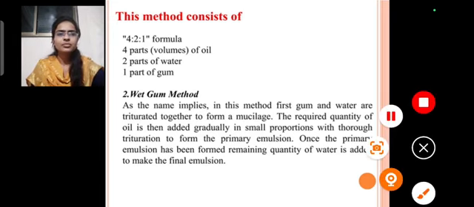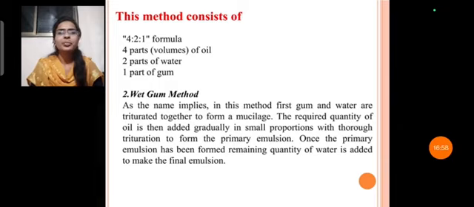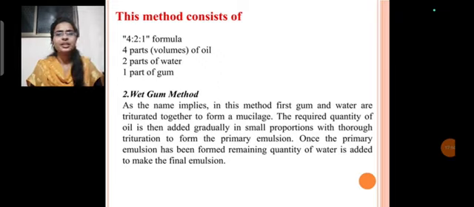Once the primary emulsion is formed, the remaining quantity of water is added and the final emulsion is formed. The wet gum method also follows the 4:2:1 formula. That is, in the wet gum method, 4 parts of water, 2 parts of oil and 1 part of gum are present.